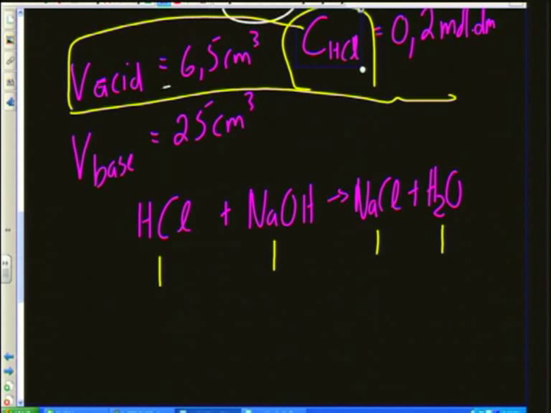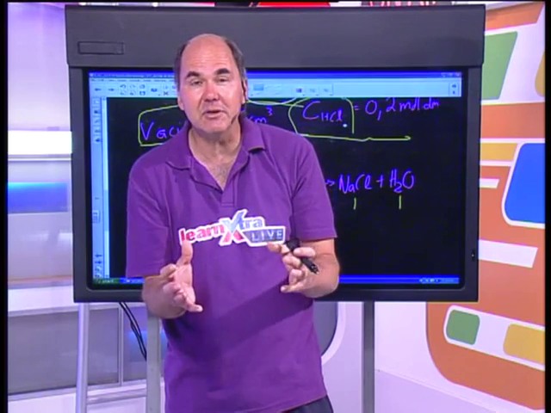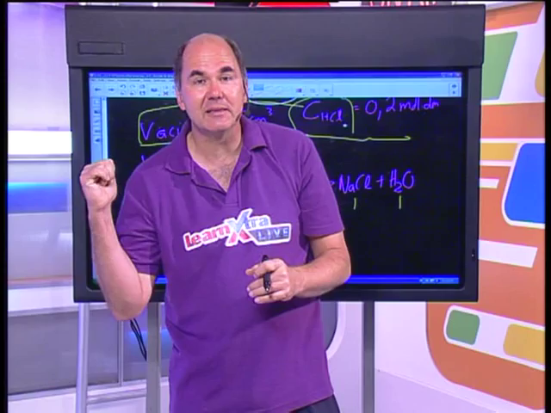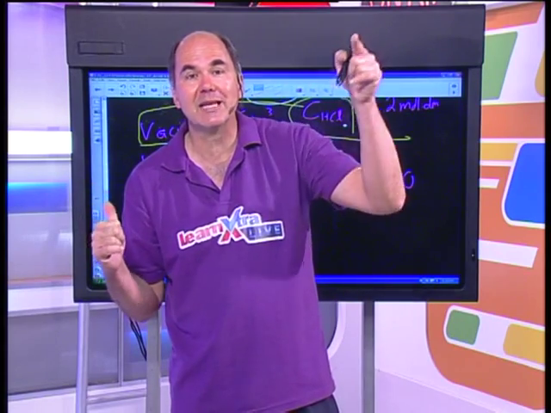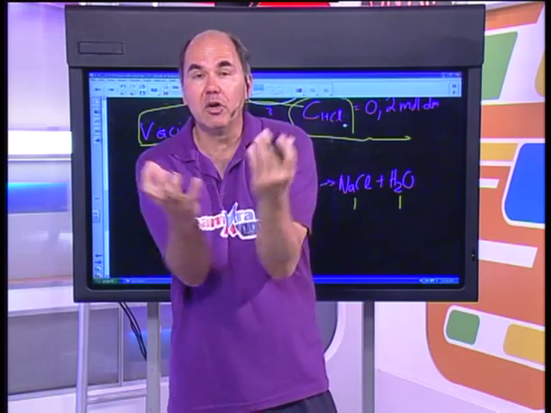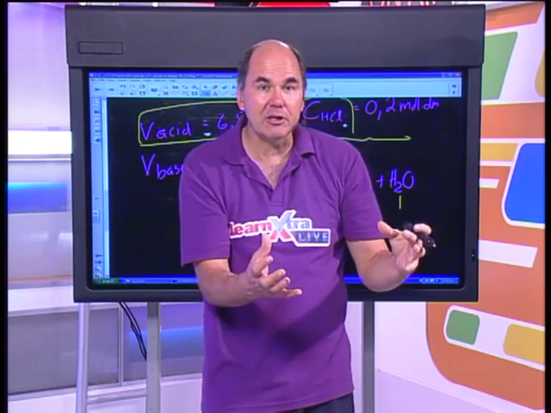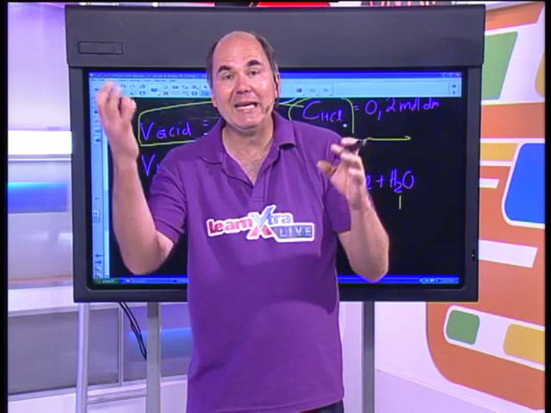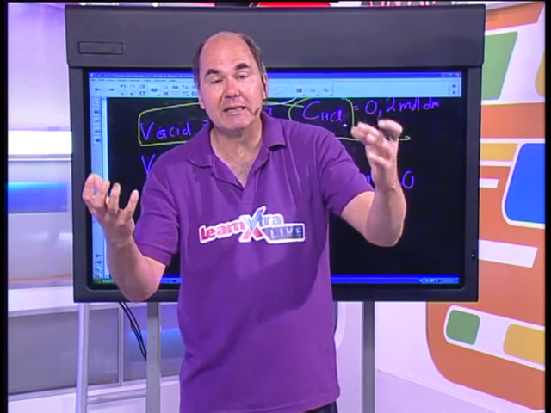Hey, I can't work with centimeters cubed. What is the SI unit for volume? It's not centimeters cubed, it's decimeters cubed in this case, because concentration is given as mole per decimeter cubed. Now you need to remember that a centimeter cubed is like a milliliter, and a liter is like a decimeter cubed.